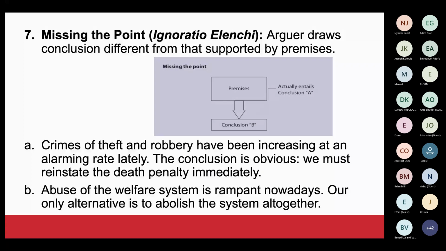It is totally irrelevant. Look at the second example. Abuse of the welfare system is rampant nowadays. Our only alternative is to abolish the system altogether. All right. If abuse of the welfare system is rampant, the conclusion cannot be that you should abolish it.